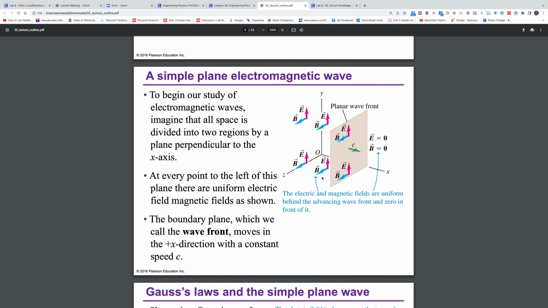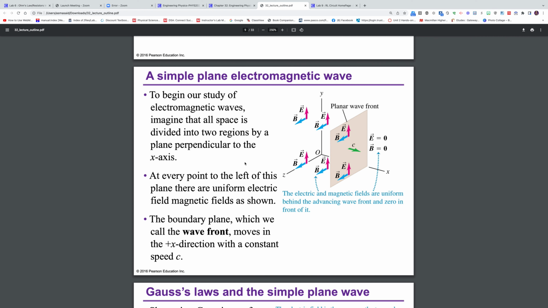Now, also here, we are going to derive some equations, and I will say, to begin our study of electromagnetic waves, we imagine that all of space is divided into two regions by a plane that is perpendicular to the x-axis.